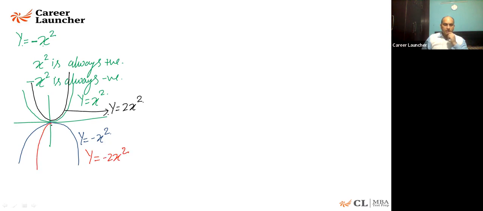I'll say the same steeper figure, but it will be forming in the downward direction. Why? Because you know this x-axis is y is 0. And y is always negative on this side, and y is positive here.